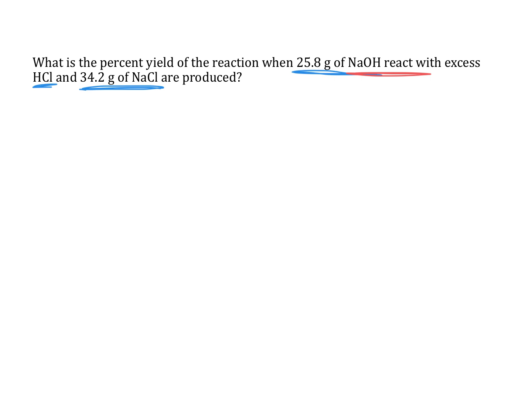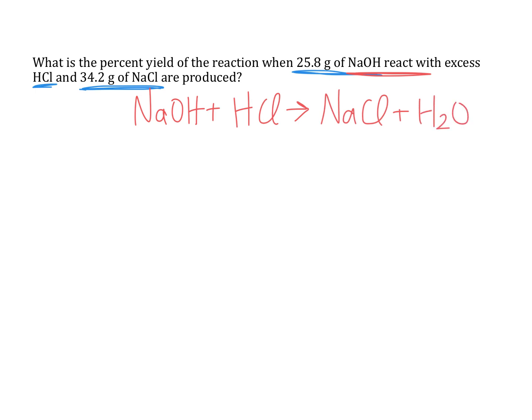NaOH reacts with excess HCl to produce NaCl, and our other product, which is not listed here but has to be our other product from a double displacement reaction, is water. This one's a really nice reaction because it's a 1 to 1 to 1 to 1 mole ratio, so it's already balanced as is. All I have to do is start throwing those numbers in.